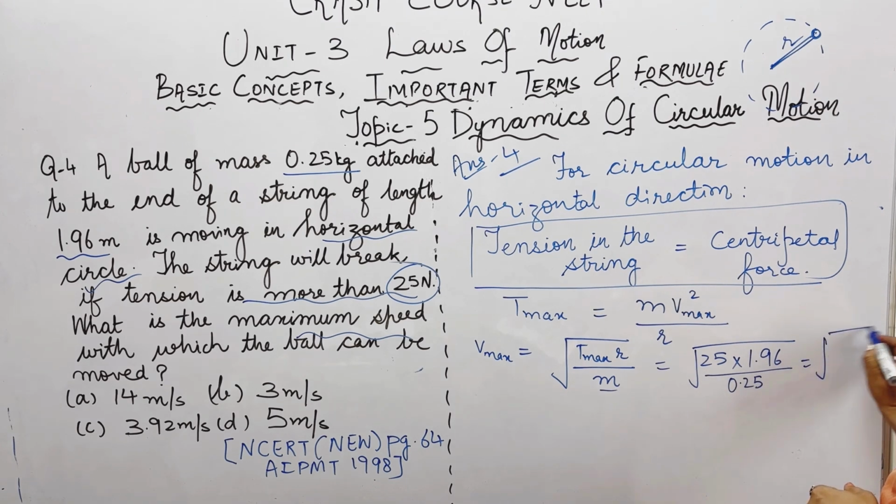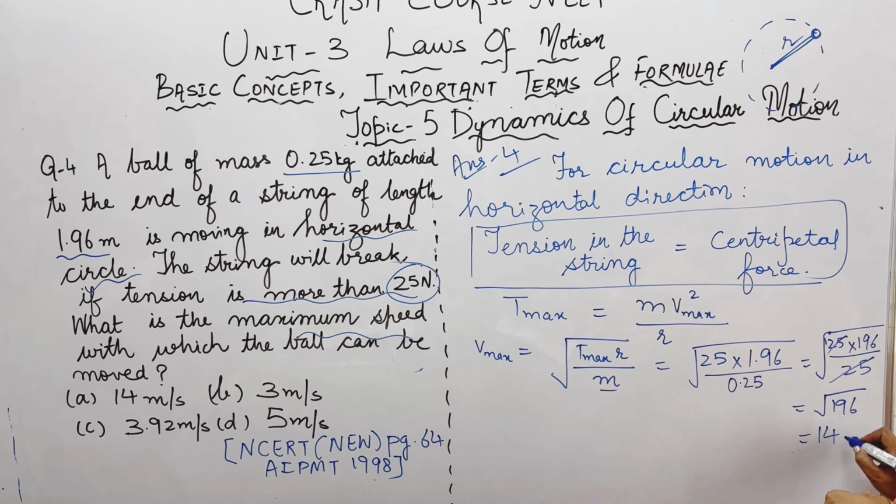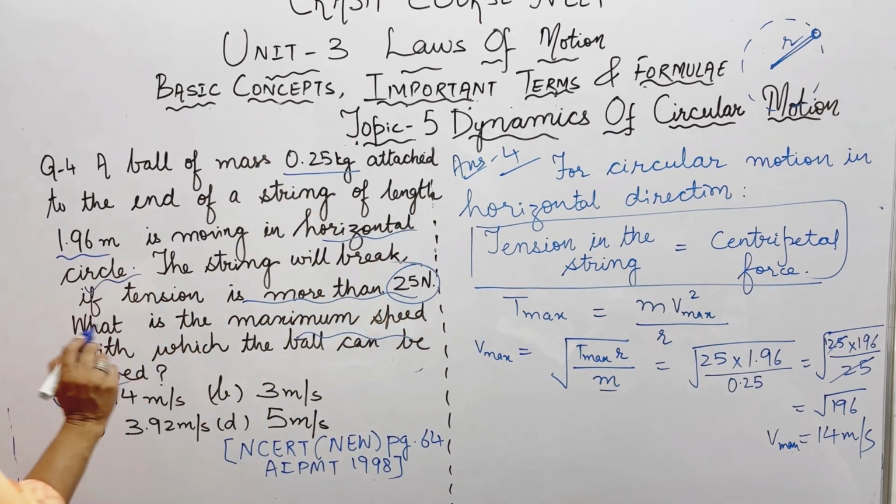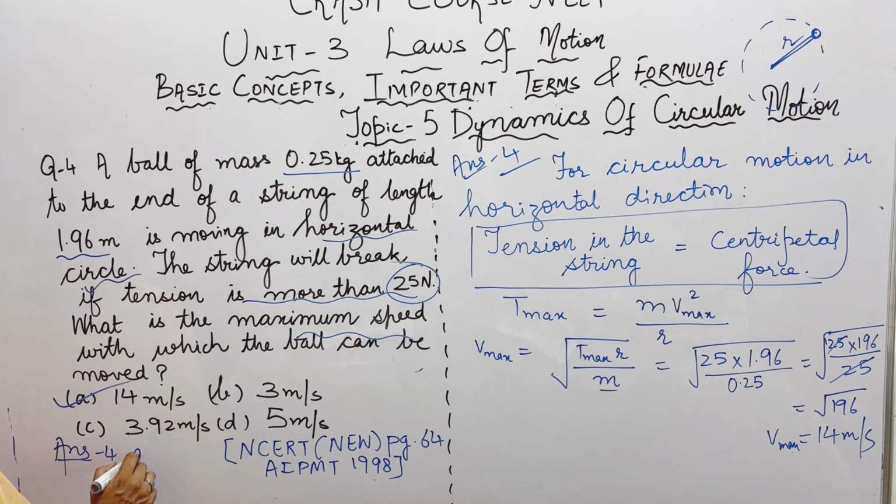So this is 25 into 196, 25 cancels, under root 196, this comes out 14. So V maximum is 14 meter per second. If we see, option number A goes with it, and the answer for the fourth is option A.